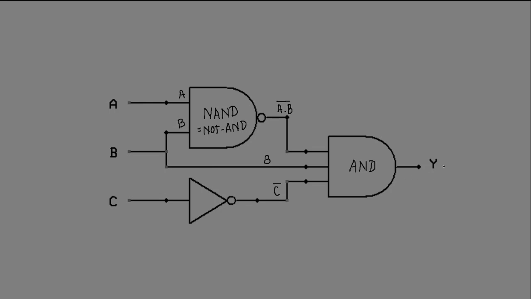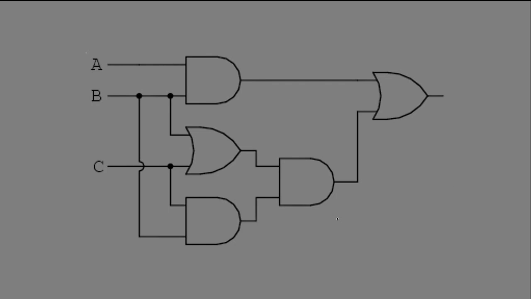So Y will be equal to the first input as it is, A dot B complement, dot B, dot C complement. So this will be the Boolean expression representing this circuit diagram. So let us see the next circuit.